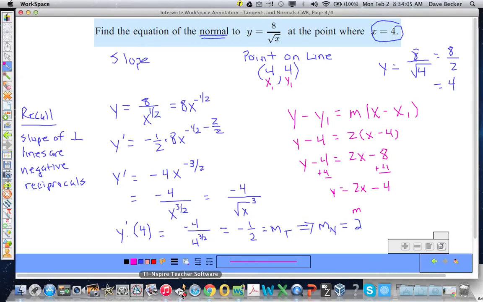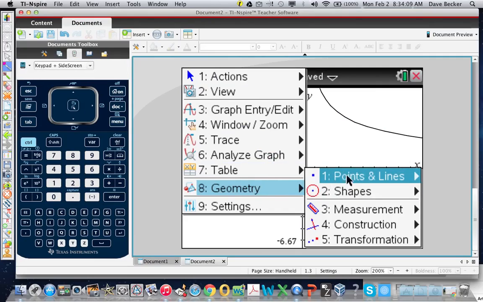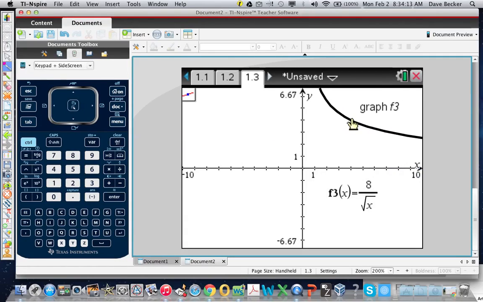So let's go ahead and graph that point. Again, menu, geometry, points on line, point on. So here, I'll put a point on there. Ooh, I was pretty close, eh? So let's make it 4, 4. All right, so it's 4, 4.